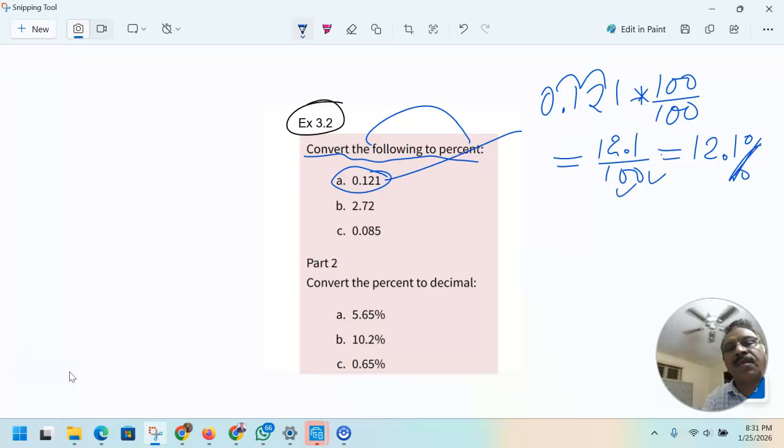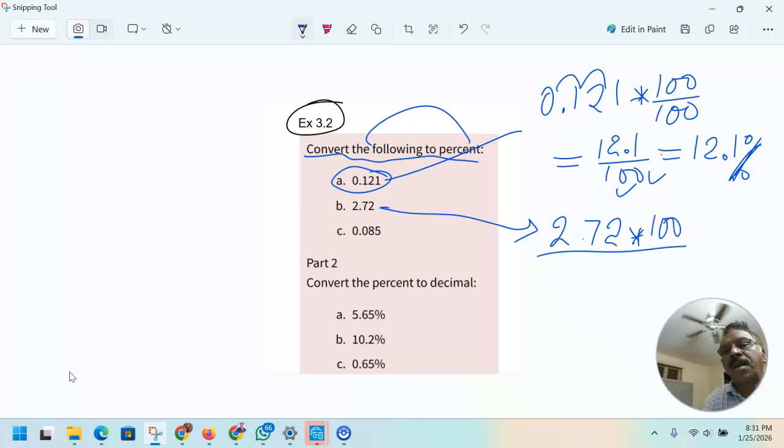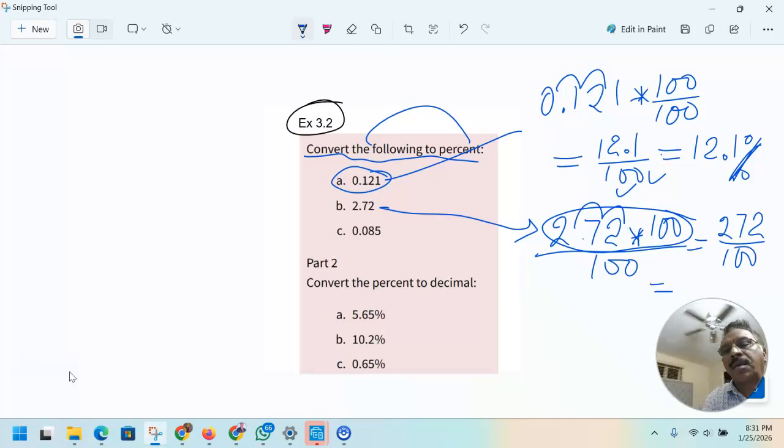That's why the symbol. And if you see this piece also, even though it is 2.72, first you multiply by 100 and divide by 100. So the top number, the decimal moves two places, you get 272 over 100, and that is 272%.